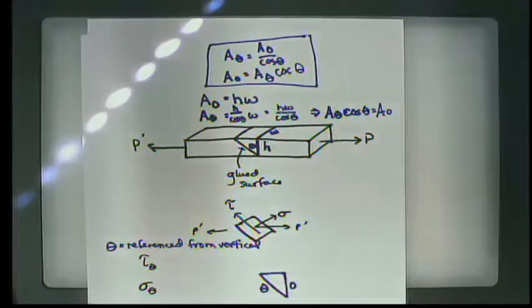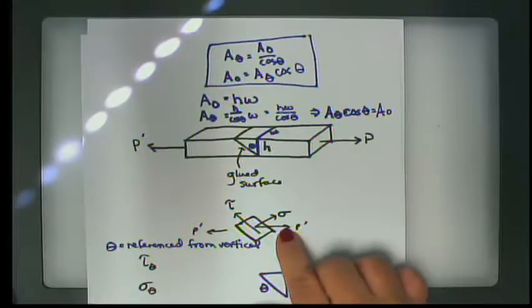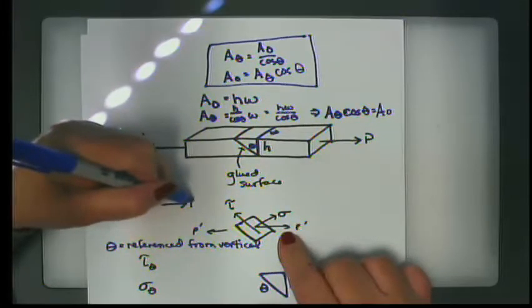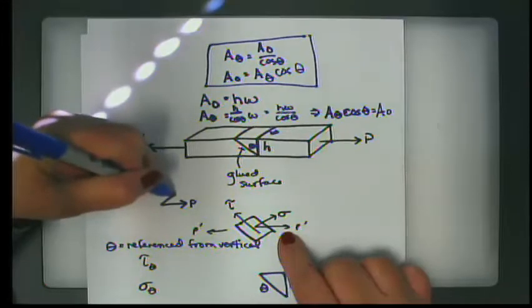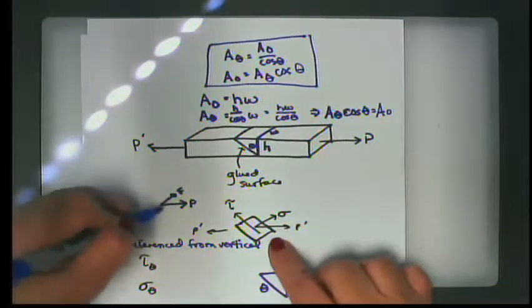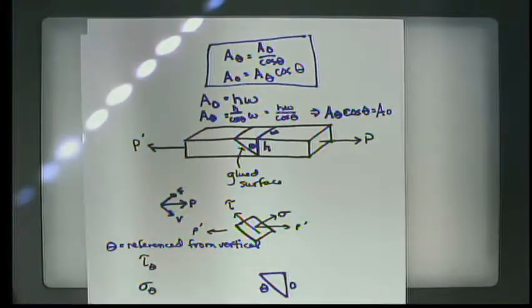Now, the next thing that we do is, when we take a look at this force P, we resolve P, or P prime, into a component F that is perpendicular to the oblique surface, and V, which is parallel to the oblique surface.